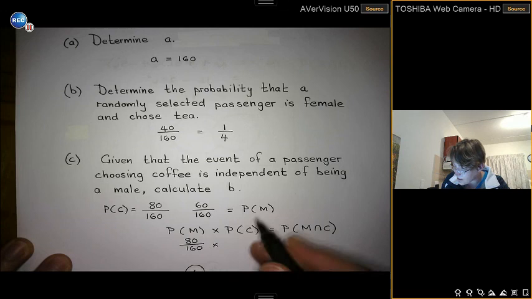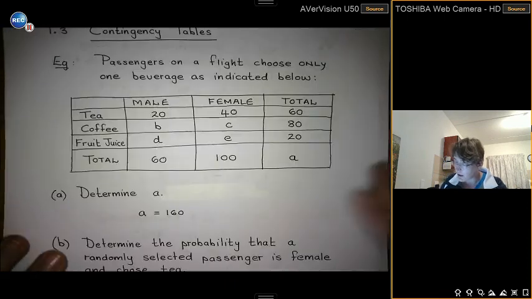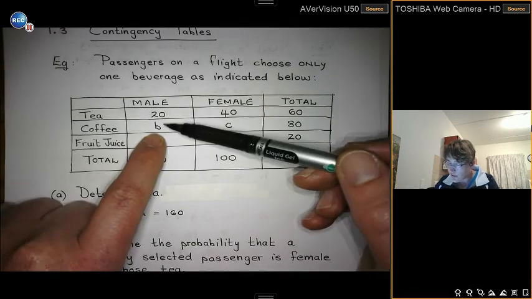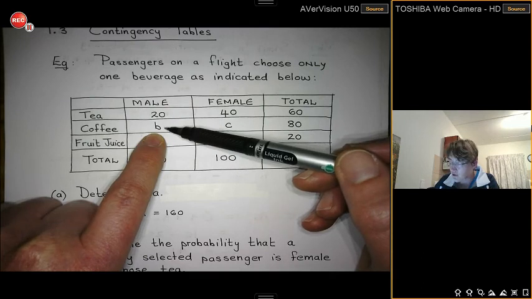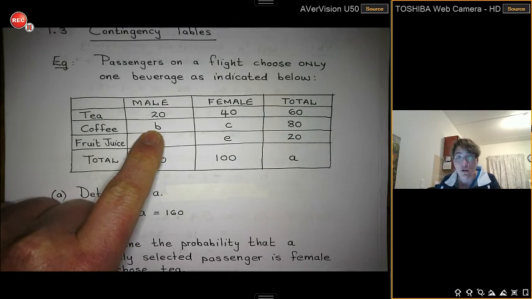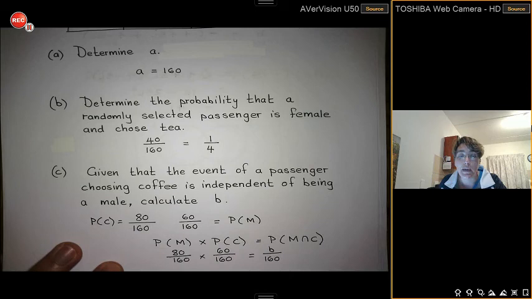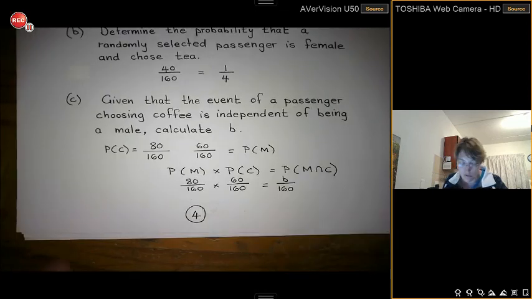I've got that 60 over 160, I can write that down. And then I need to go and see where's the probability of being male and drinking coffee. So being male and drinking coffee is right over there. That's B. So B is male and drinking coffee out of the total of 160. So I can say it's B over 160, which then allows me to solve for B. I've got an equation set up that I can solve for B.